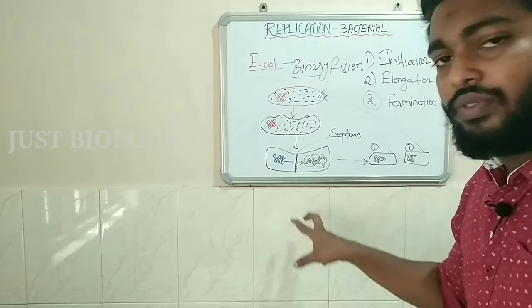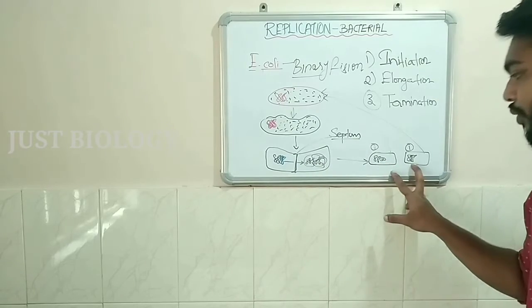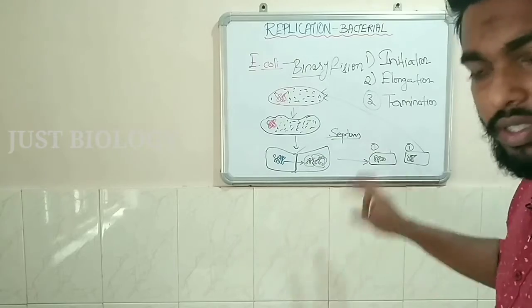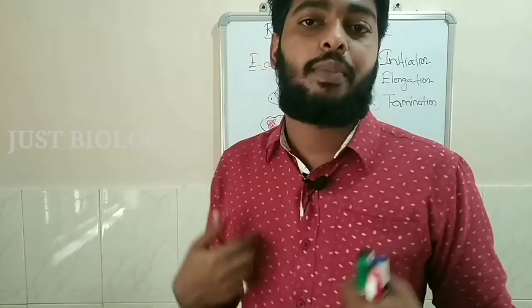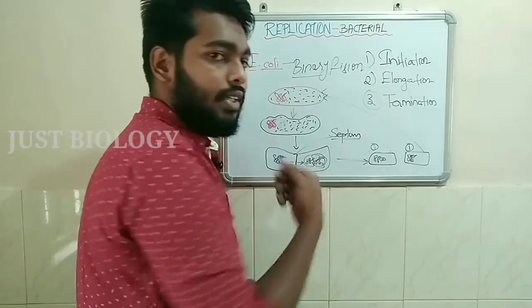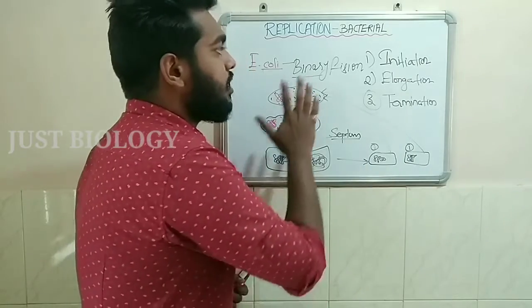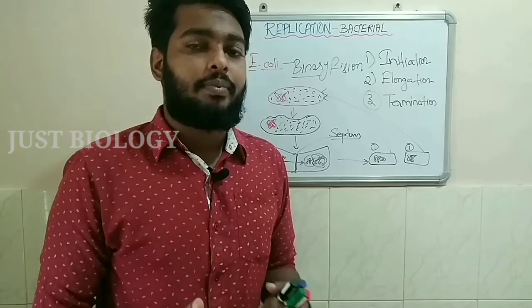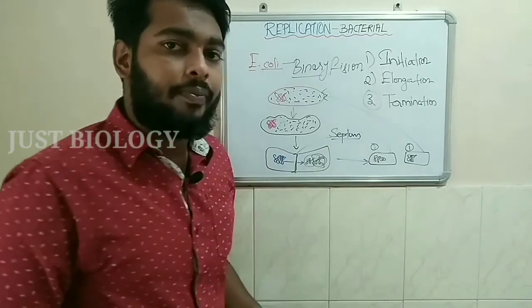As the result of this wall formation, the cell would become two different cells. The two different cells will further undergo the same process. As a result, we will get many bacterial cells. So this is regarding the normal bacterial division that belongs to the prokaryotes.